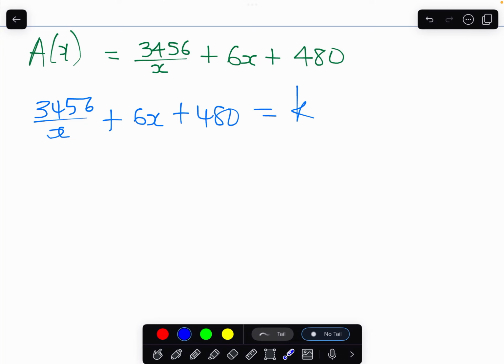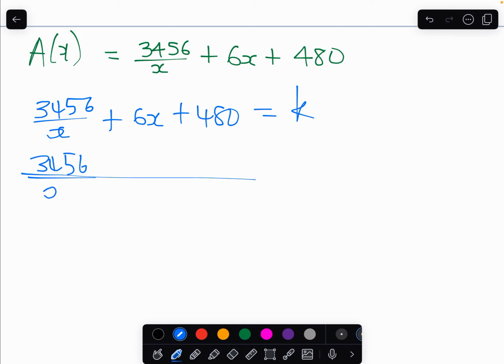So this is a typical nature of roots problem. So let's put everything over x. So this is 6x squared plus 480x, and then this would be kx over x, right?